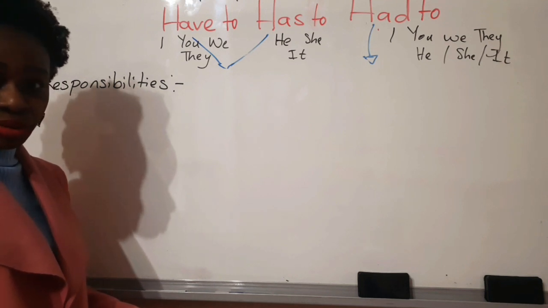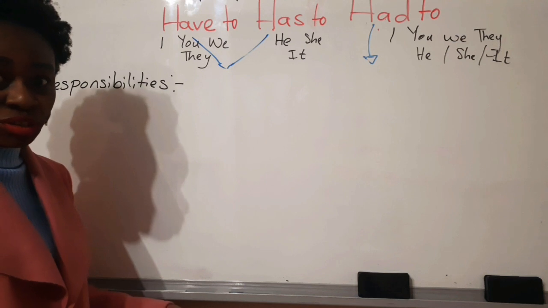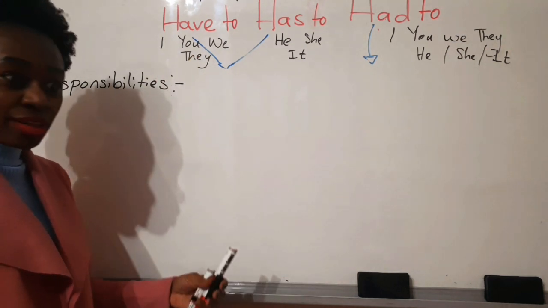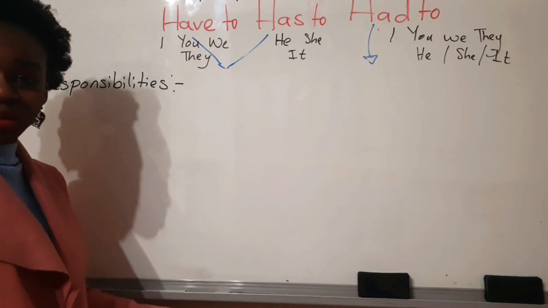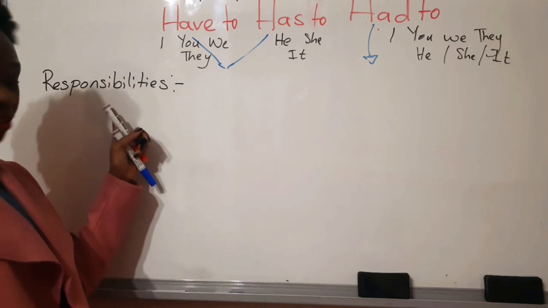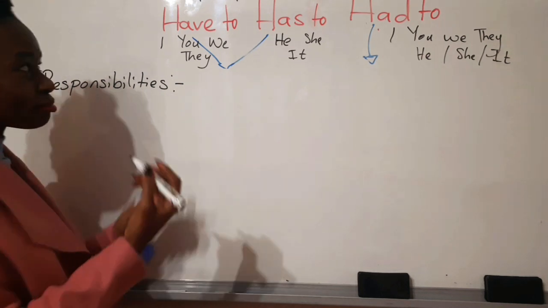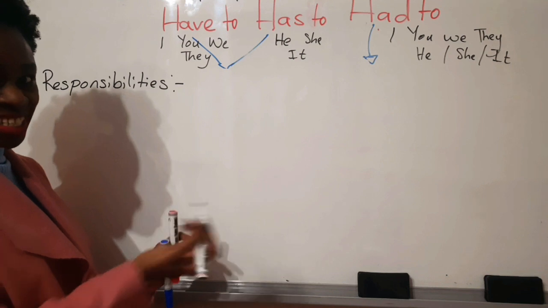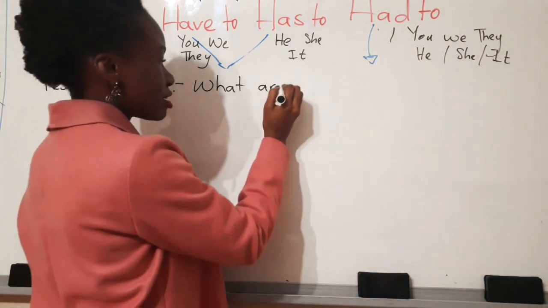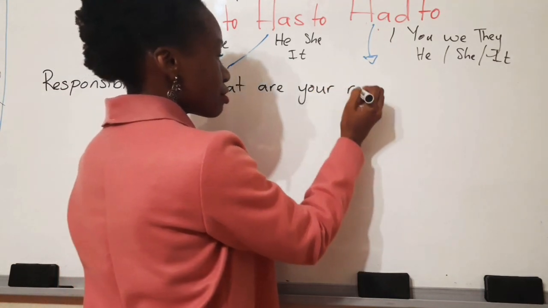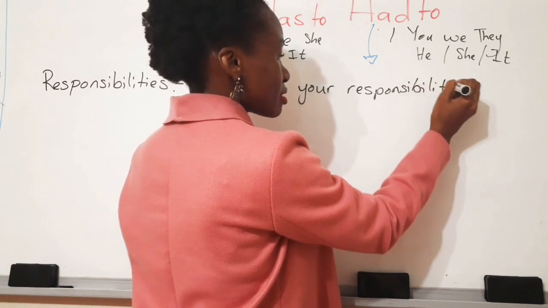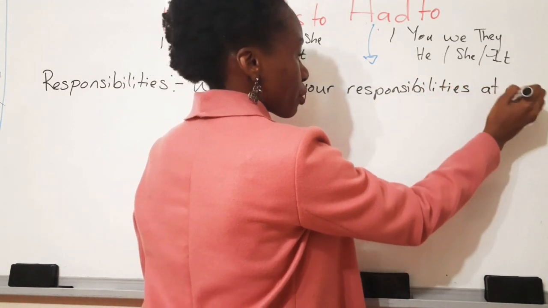For example, you are the mother, the little sister, the elder sister, the husband, the brother. What do you have to do? What are your responsibilities? So let's make a question first, then answer it. What are your responsibilities at work?